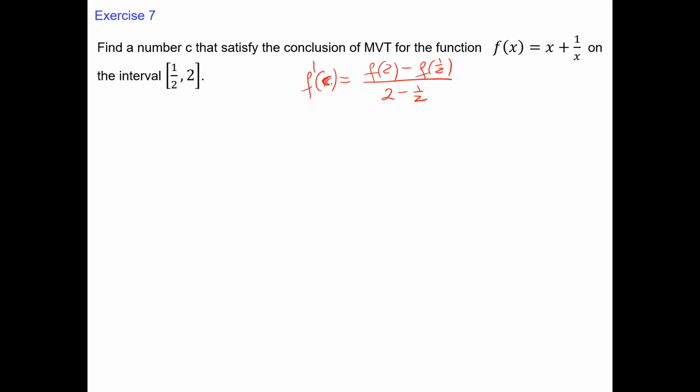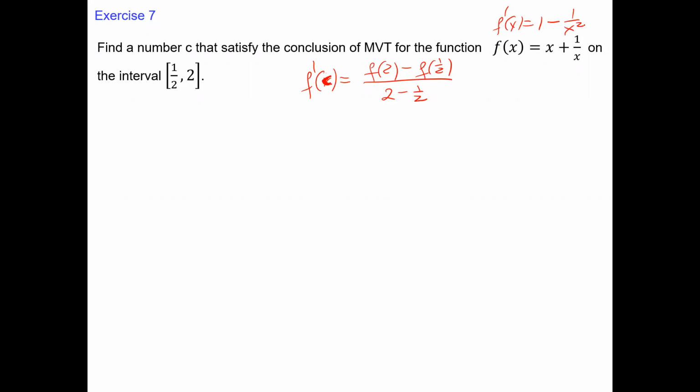I can put C, because that C value is the point where the tangent is parallel to the secant. Okay, derivative. Derivative of this function is 1 minus 1 over x squared. Am I right?